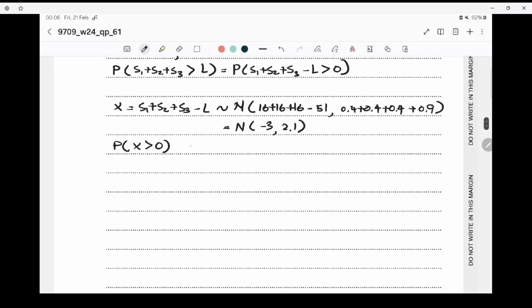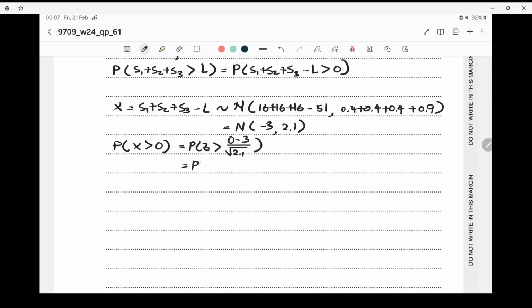You can change it to a z-score: Z greater than 0 minus minus 3, divided by the square root of 2.1.